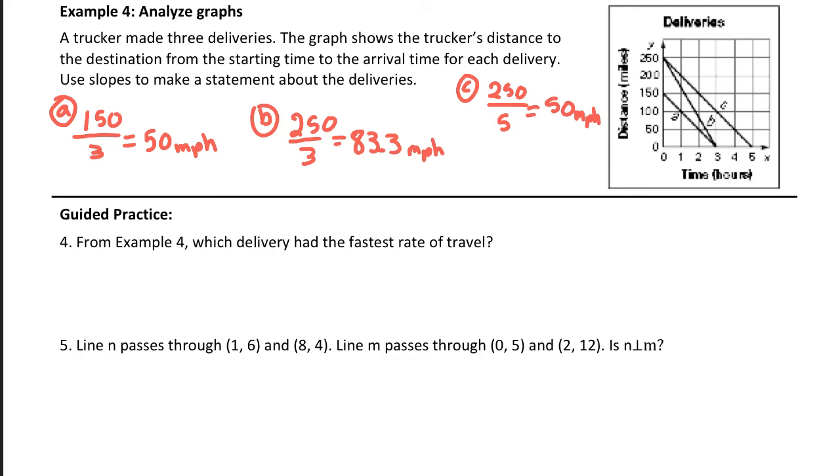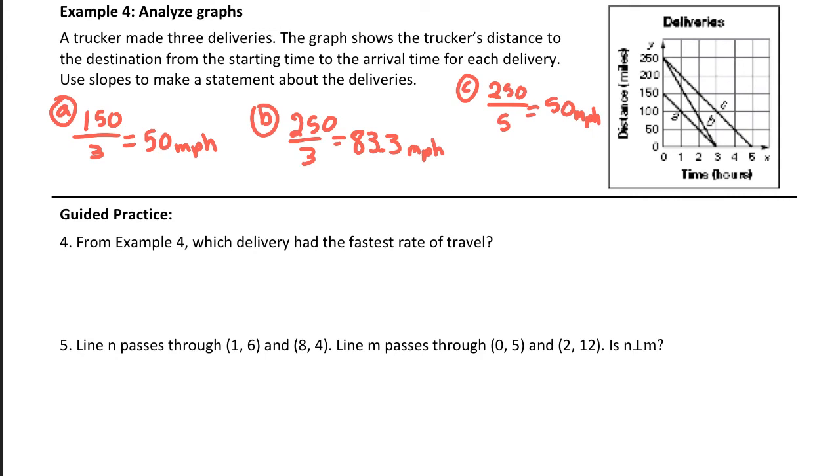So really what I'm trying to get at here is using a graph to compare rates of travel so that you can tell on which delivery he traveled the fastest. I'd say delivery B. He covered the longest distance relative to the shortest time, right?